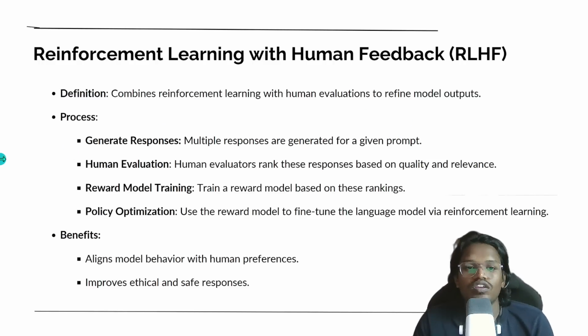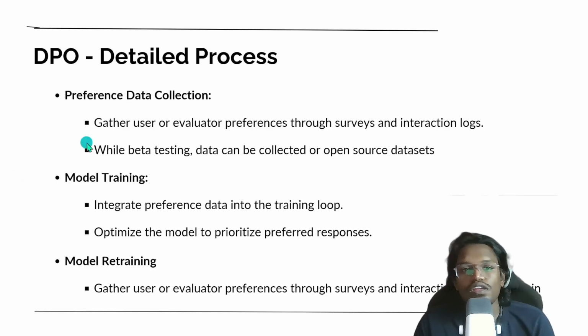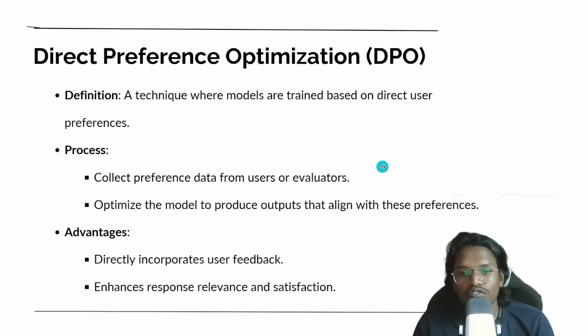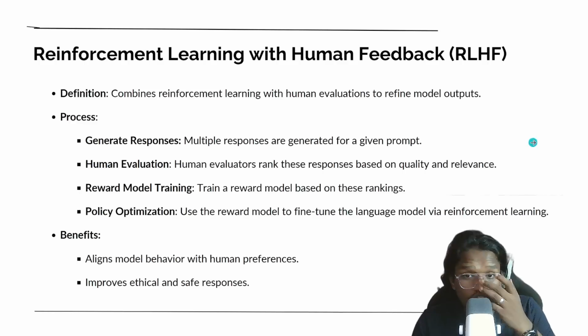It might sound confusing, but to put it simply, in DPO you will use the ground truth as the preferences, yes or no, which is a binary preference from the user. But here, based on those preferences, we'll train a reward model.